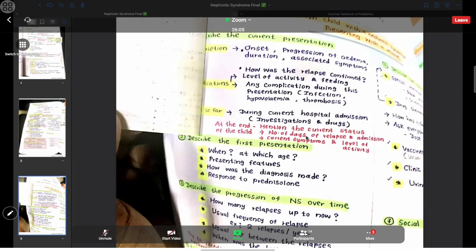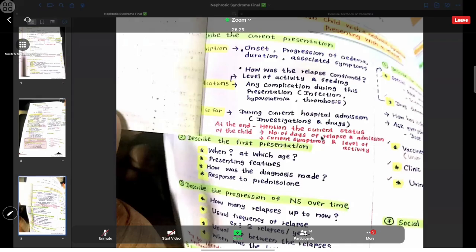Then at the end, you will say how the child is now. I usually like to say the current status of this child at the end of the history of presenting complaint. Is the child well, is the child eating, has the child passed urine? These are things you can always ask. Is the child doing well generally? Does the child have fever?